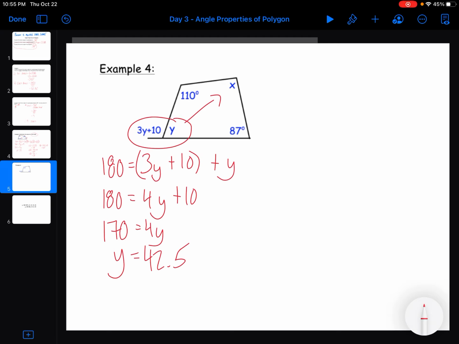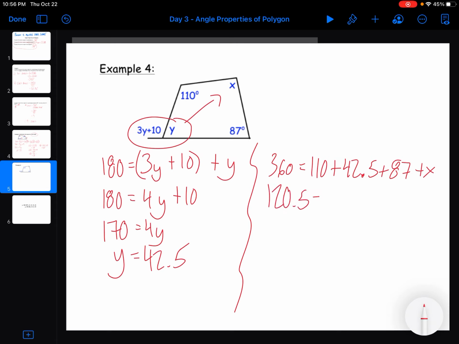Well, now we can find our x, because we know 360 equals 110 plus what our y was, 42.5, plus 87 plus x. So that's a decimal there. So then we're going to do 360 minus 110, which is 250, minus 42.5, which is 207.5, minus 87, which is 120.5. So then 120.5 equals x, and now we found x and y.